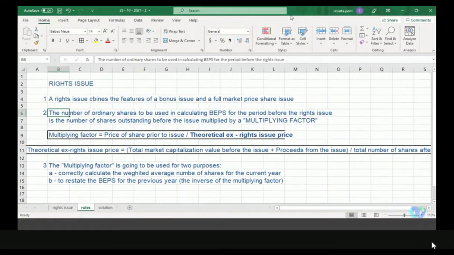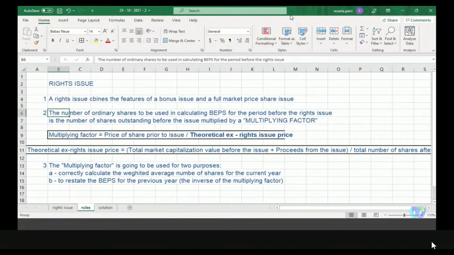I will go to that, Elena, yes. Applying the multiplying factor will help us to take back the transaction at the beginning of the current period, and applying the inverse of the multiplying factor will help us to restate the previous period figure.